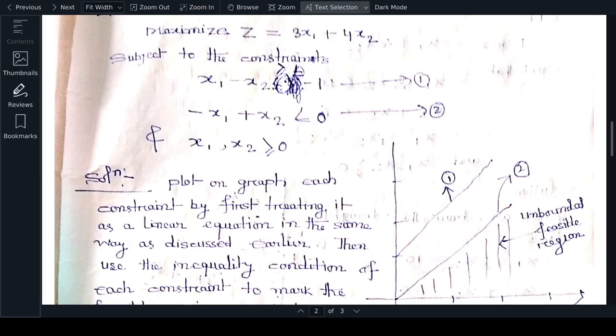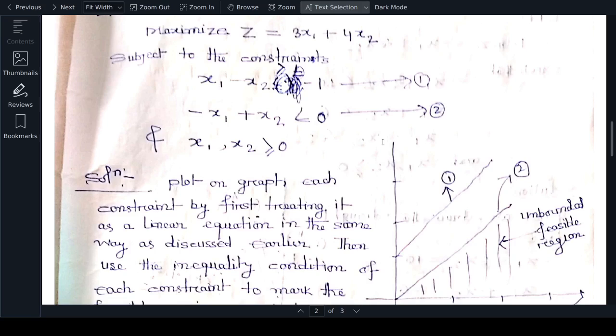So here x2 equal to x1, then x2 is y, x1 is x, so y equal to x. Our aim is that y equal to mx format, which means the equation of a straight line passing through the origin. Clear? So you see this line passing through the origin we have drawn.